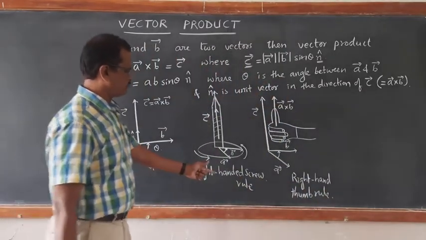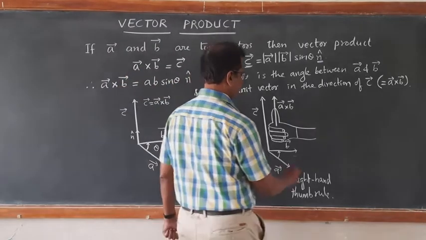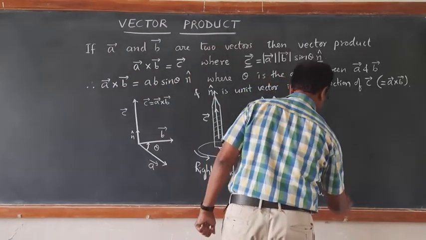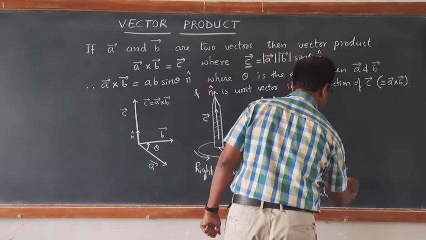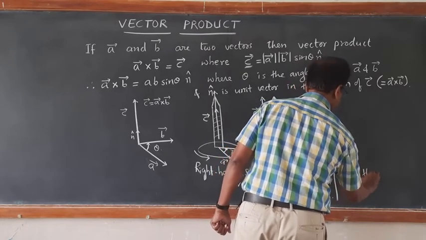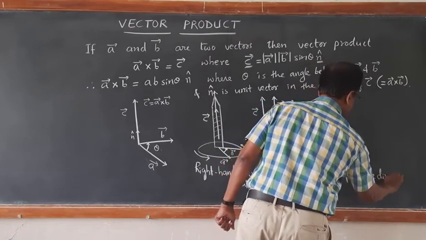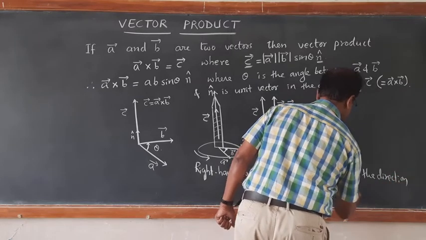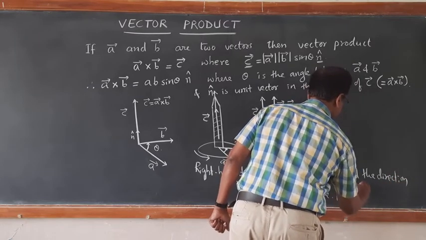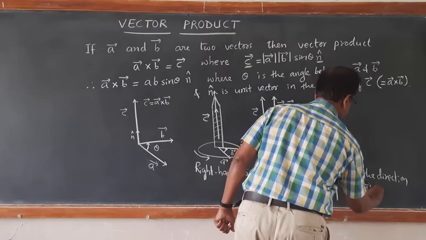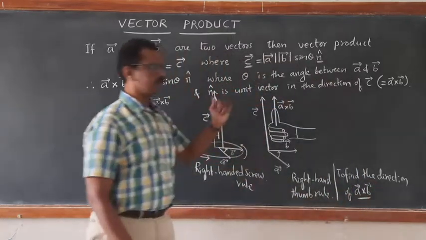These are helpful to find the direction of A cross B. A cross B, that is the direction of vector C.